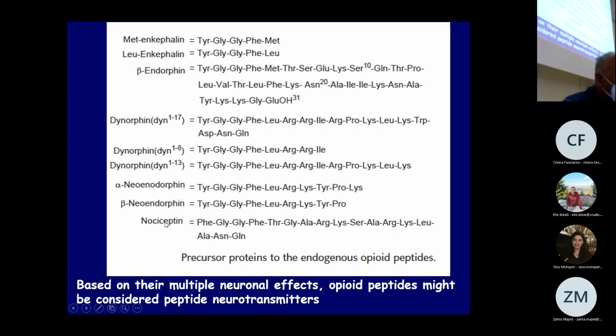This means that, for example, nociceptin is a precursor because all these chains protect the first 5 from hydrolysis. You see, or in this case, TIR, GLI, you see the first 5. So there is a sort of protection of the first 5 amino acids, and only these amino acids are able to give the anti-pain activity.